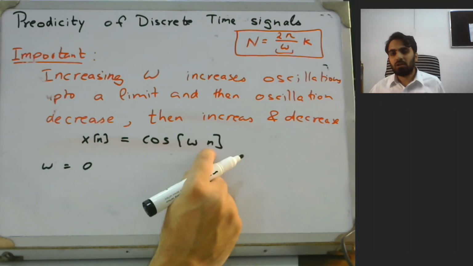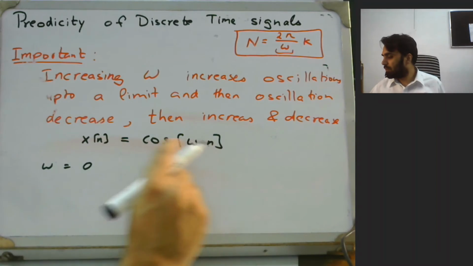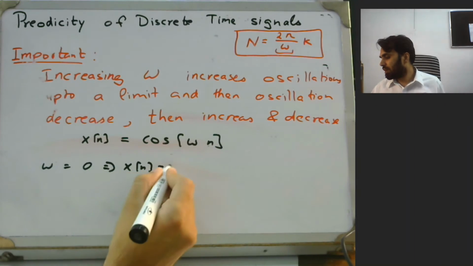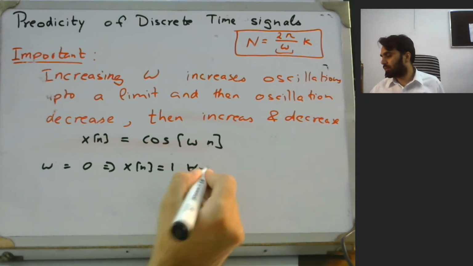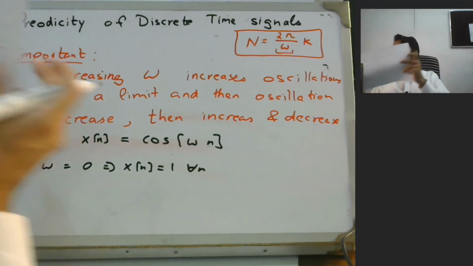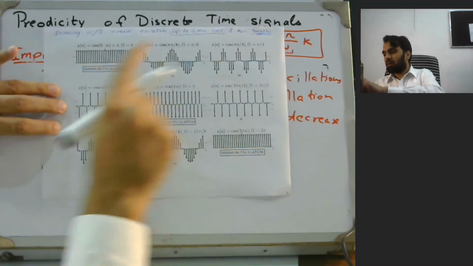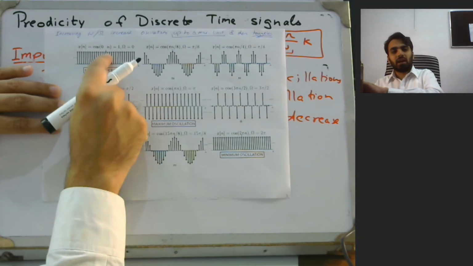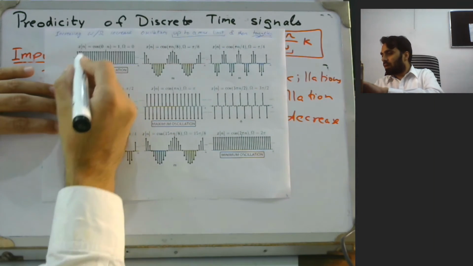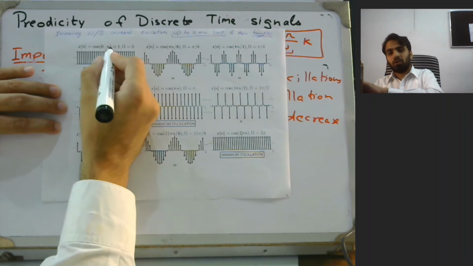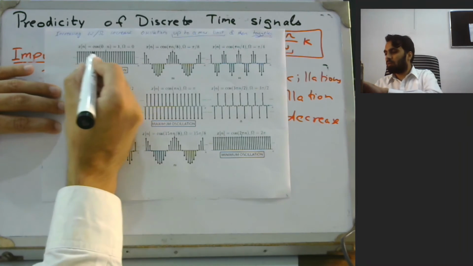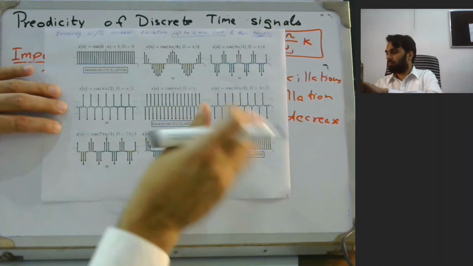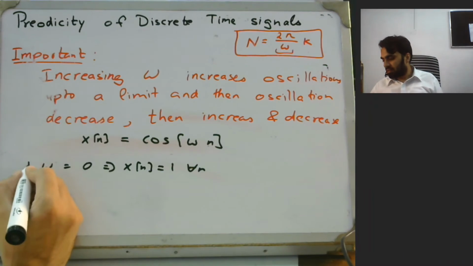So for all values of n, we would have x of n equal to 1 for all values of n, right? And this is depicted over here, the first plot. That is, if you put omega equal to 0, cos of 0 into n, or x of n, would have all values equivalent to 1, right? And it is not oscillating. So this was our first case.